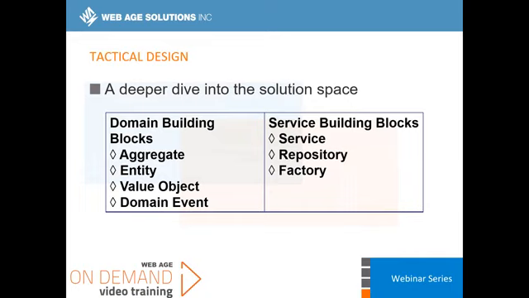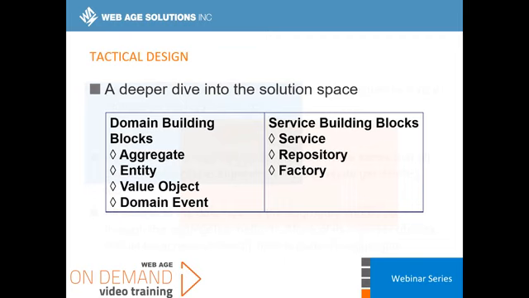So there are 7 different building blocks for using tactical design in the domain-driven design paradigm. There are 4 of them associated with the domain side of things, and 3 associated with service. And I'll explain the difference between these two.